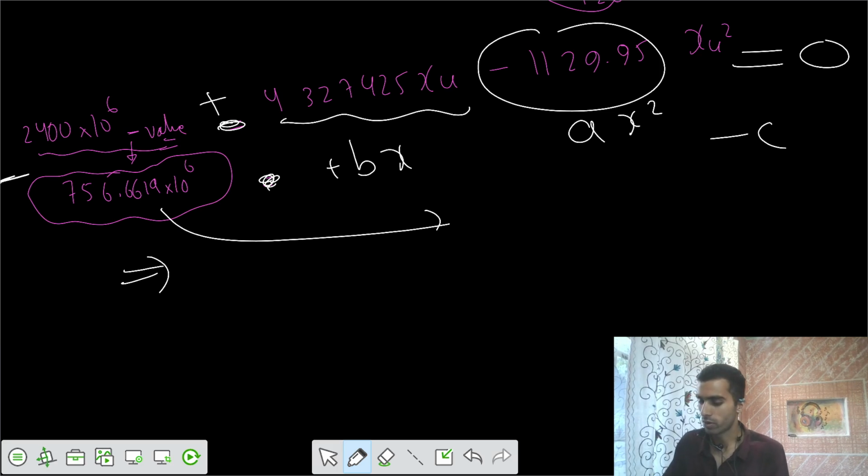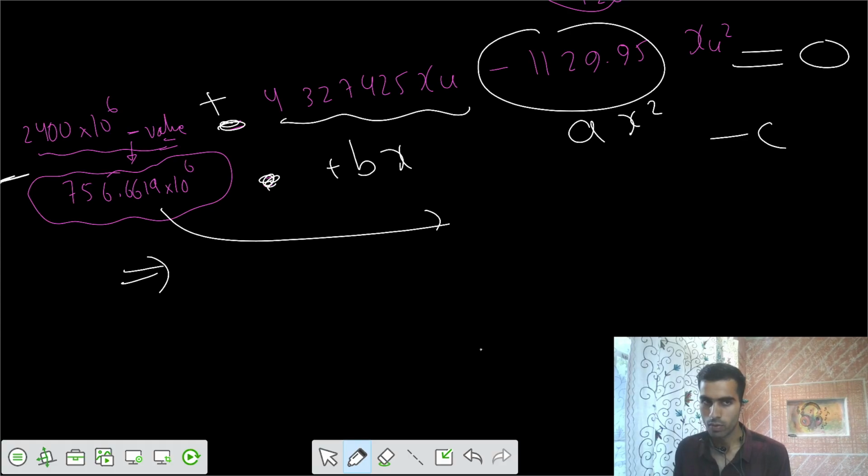So I'm going to solve the quadratic equation: a is negative 1129.95, b is positive 4327425, and c is negative 756.6619 into 10 to the power 6. I hope that the calculation will be easier and the answers would come out true. Let's see.